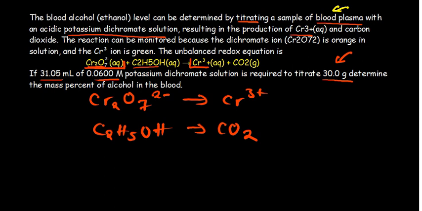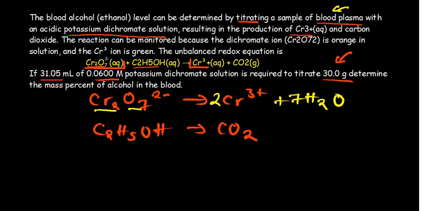So now you need to balance. The first thing is to balance the atoms other than oxygen and hydrogen, so we balance the number of chromium ions, adding the 2 there. Then notice that we have 7 oxygen atoms, so we add 7 water molecules. If you don't know how to go about this method, please watch the video given. The link is given on top there.